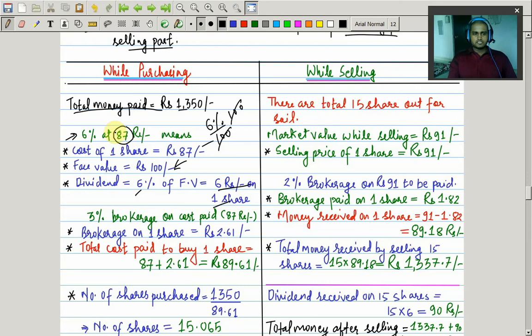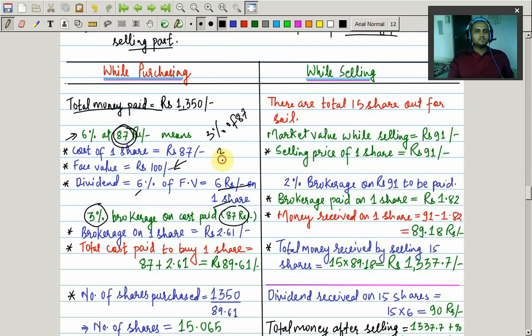It's not 87 rupees, because there is a person in between who is helping me to buy those shares, so he's taking his commission at 3%. So the brokerage of one share is 3% of 87.